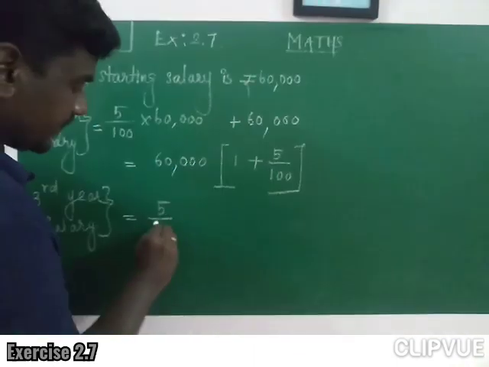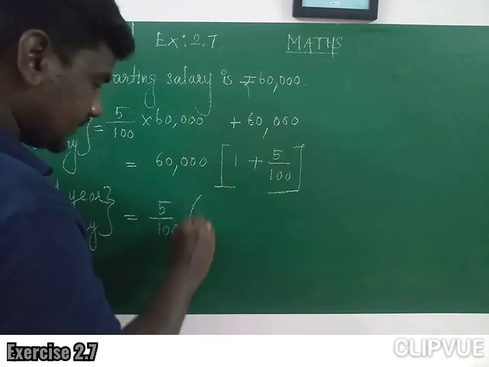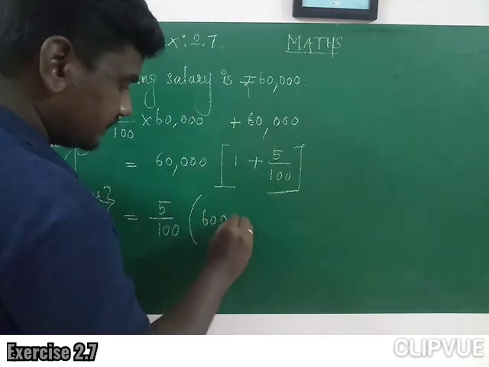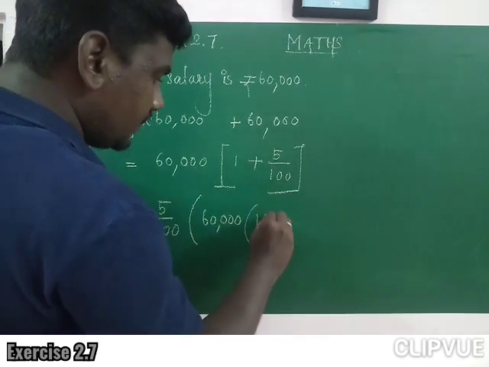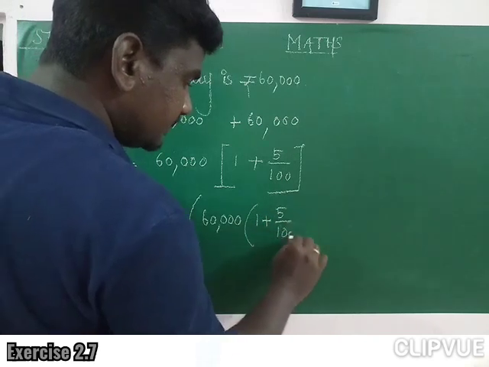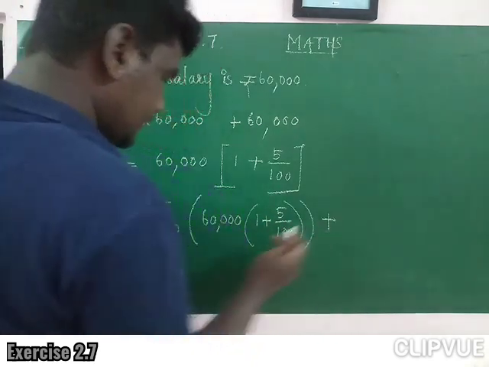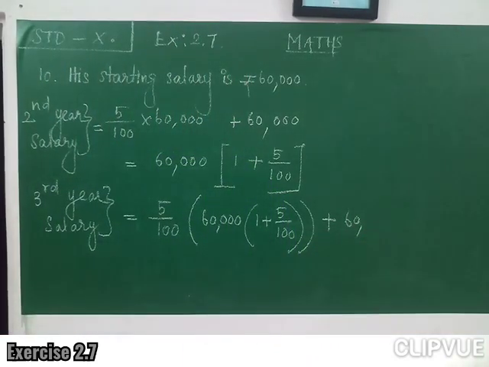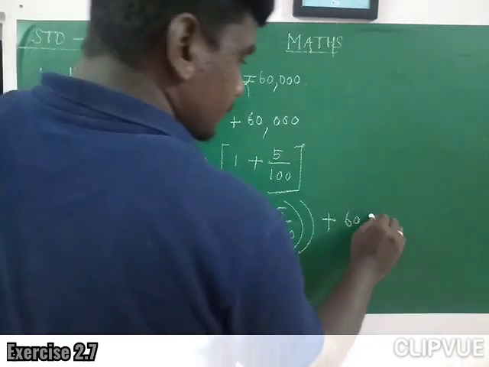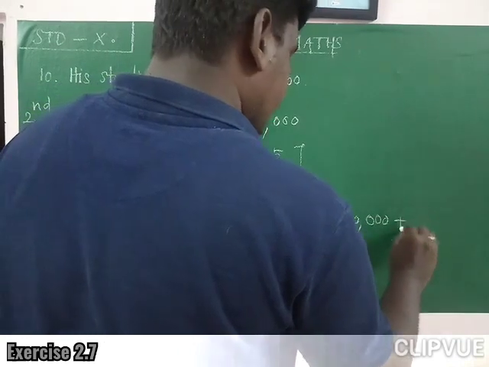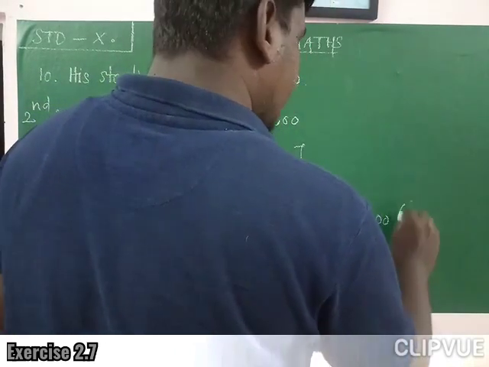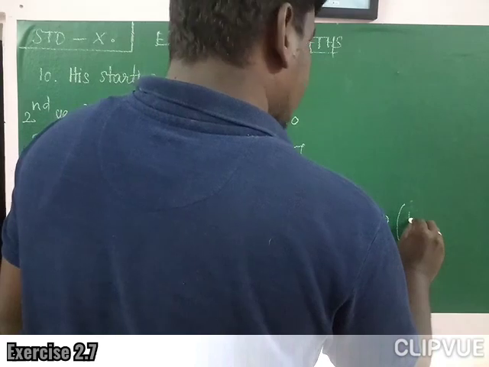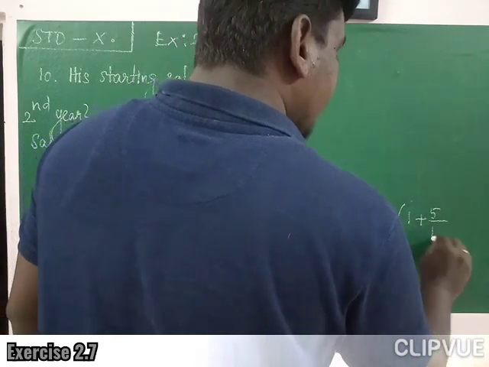So 5 by 100 into 60,000 into 1 plus 5 by 100, plus this amount, 60,000 of 1 plus 5 by 100.